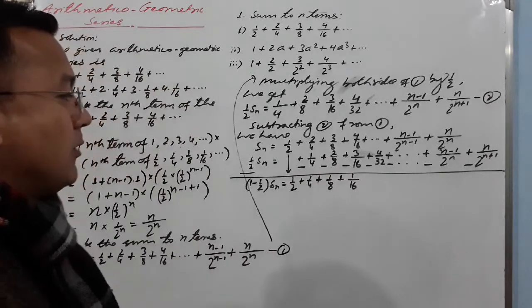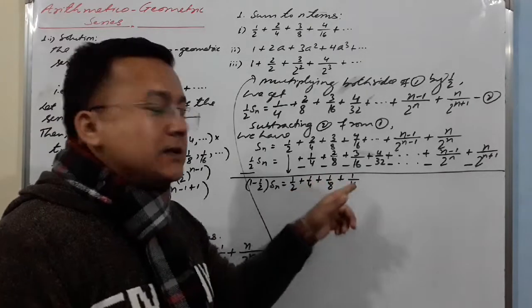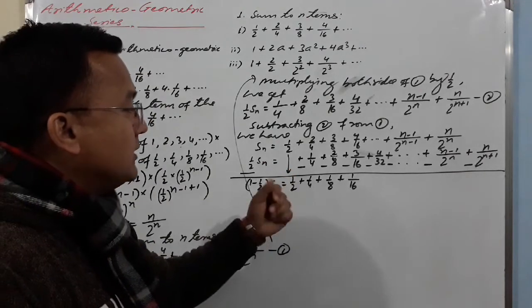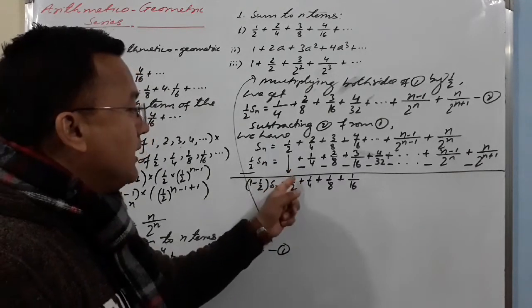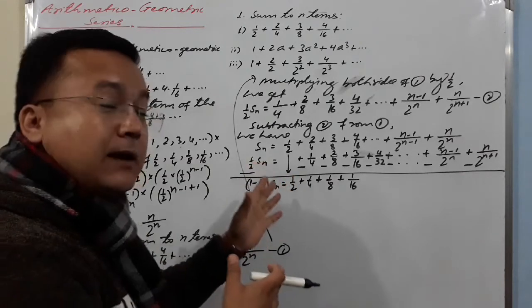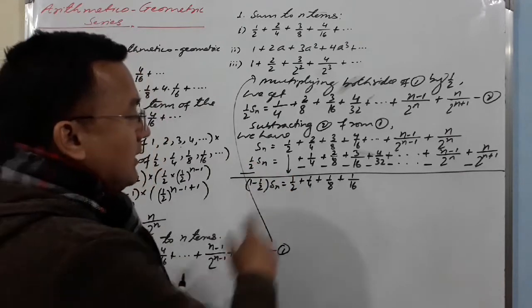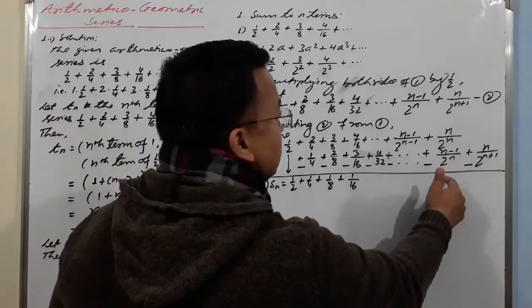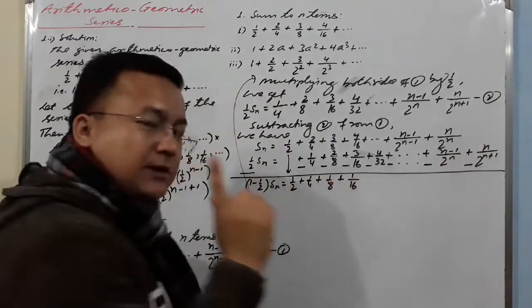So this way you can find out also, you will always get the same numerator, except the first, you have not to compare with this one, and except the last, the same numerator.